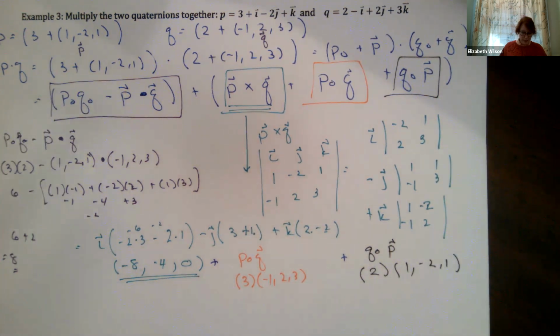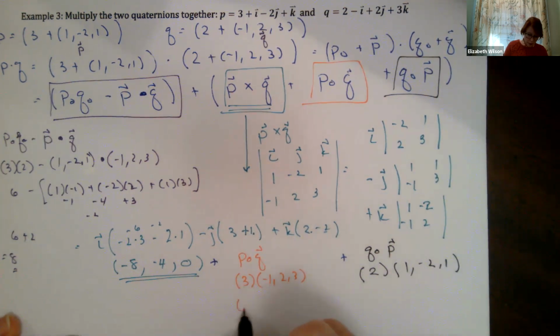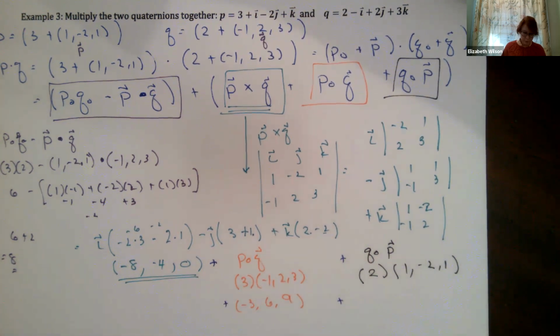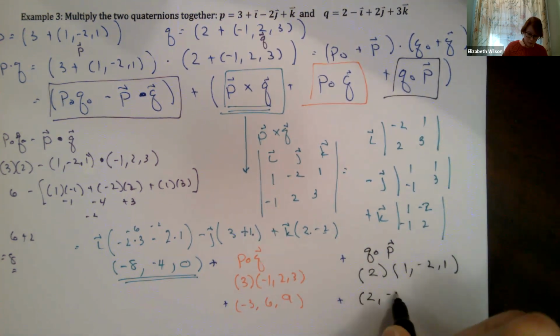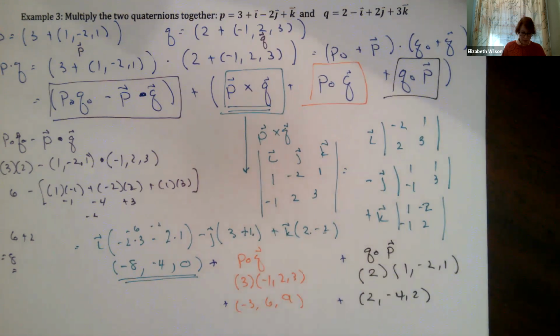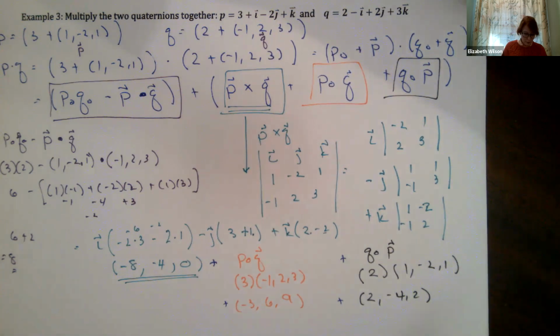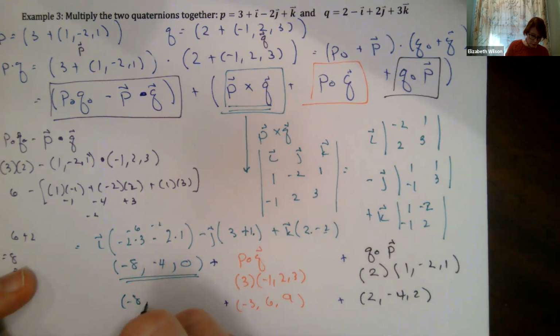Okay, so let's add these together. This is minus 3, 6, 9, plus 2, minus 4, 2, and then remember, this is minus 8, 4, 0.